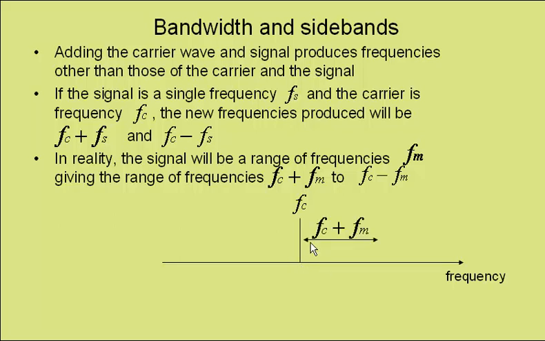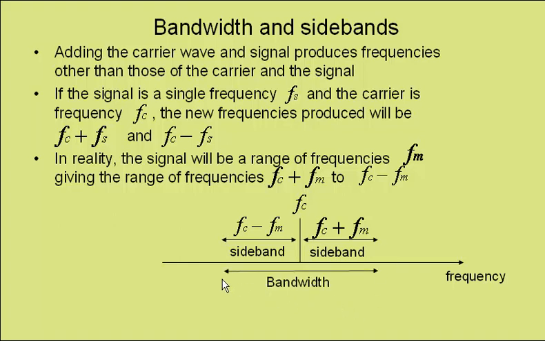This is the extra range of frequencies fc plus fm on one side, which gives us a sideband. On the other side we'd have fc minus fm, another sideband. So our whole range of frequencies would go from this lowest frequency here to this highest frequency here. That range of frequencies is known as the bandwidth.